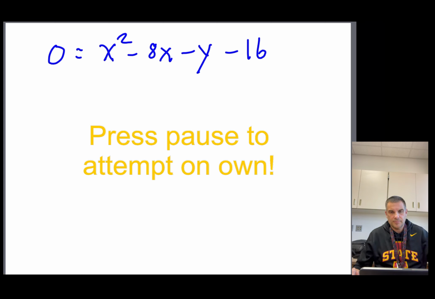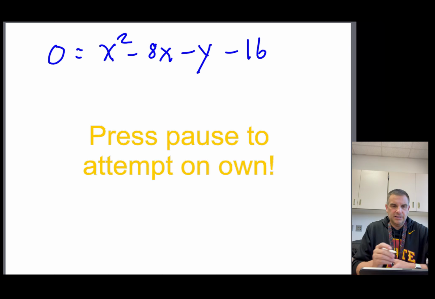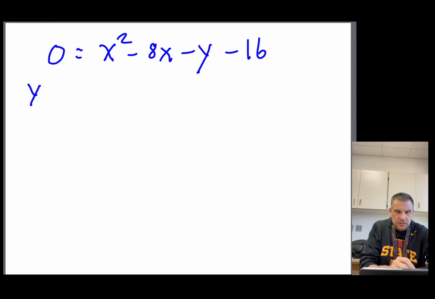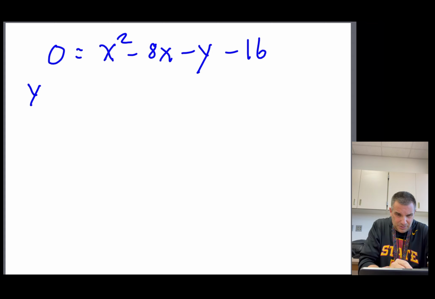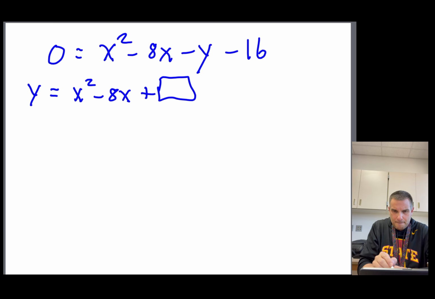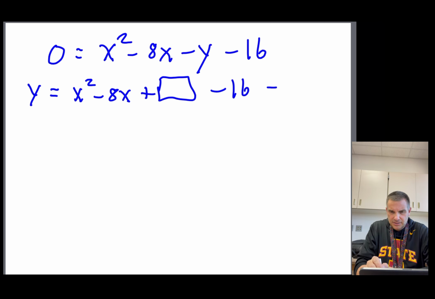Okay. So I've got a single y in there, so I'm going to go ahead and do the y. So we're going to find the vertex, the directrix, and the focus for this. So y is equal to x squared minus 8x plus our box minus 16 minus our box.